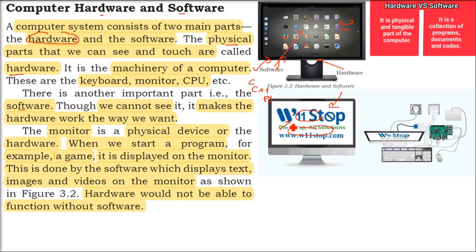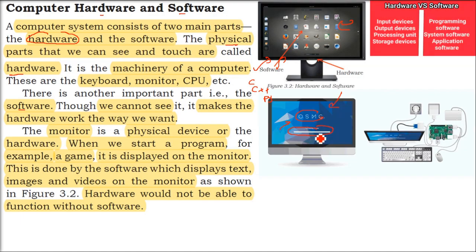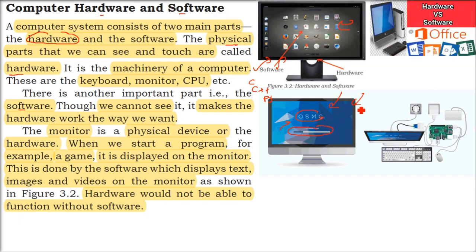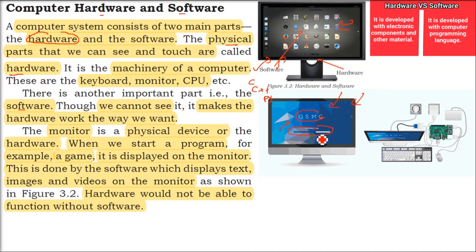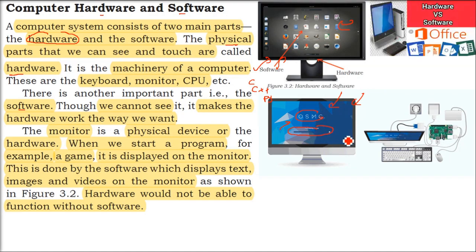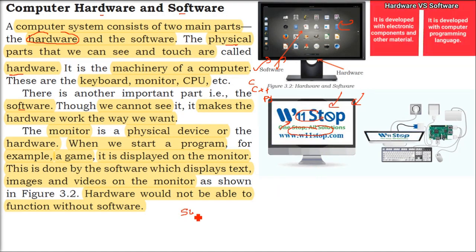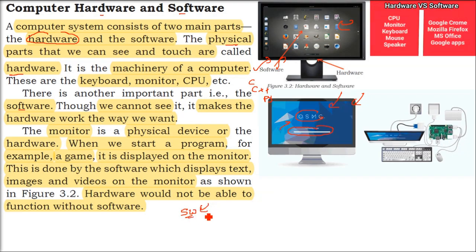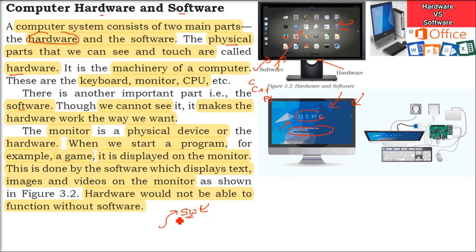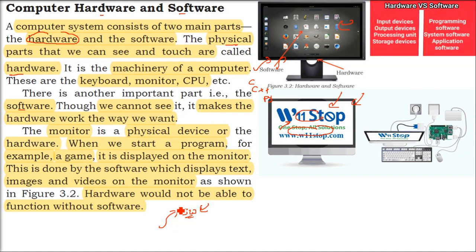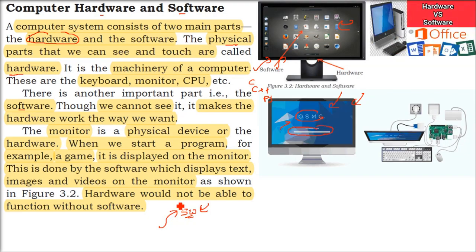It will show you text, images, videos and whatnot. So hardware is dormant without software. Software is the life, the key, the brain, everything for a hardware. Because without software, hardware has no meaning. It will run only because we have certain software, code written.